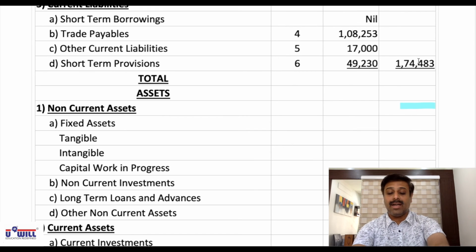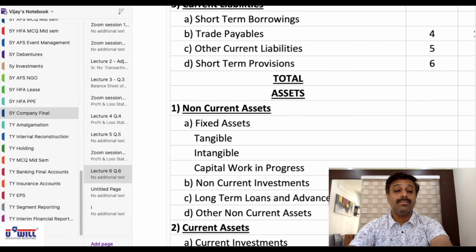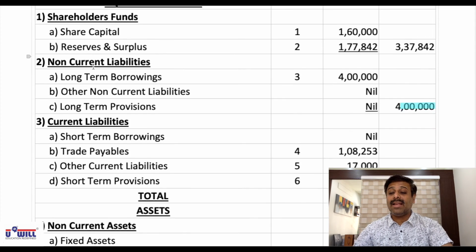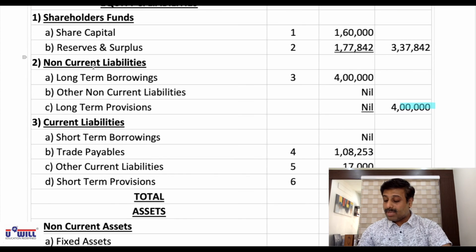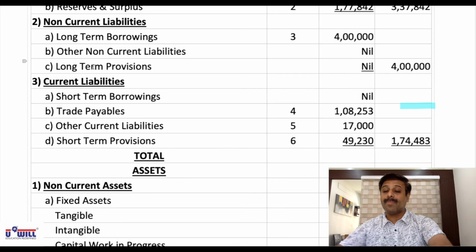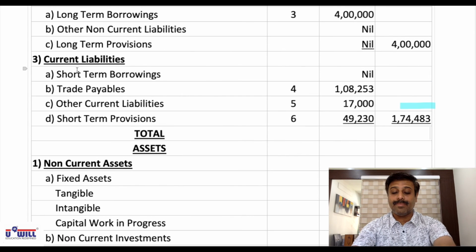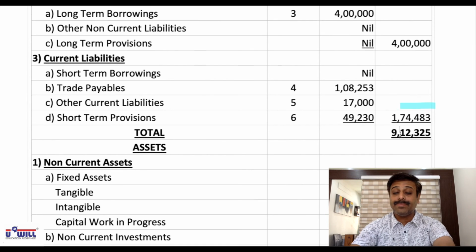And final total of balance sheet: 337,842 plus 4 lakhs plus 174483, that is 912,325. Okay, now we do the assets side.